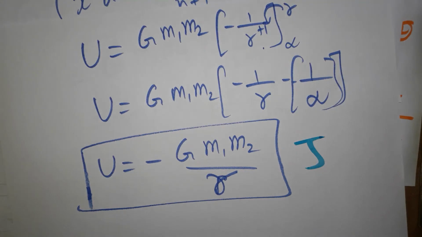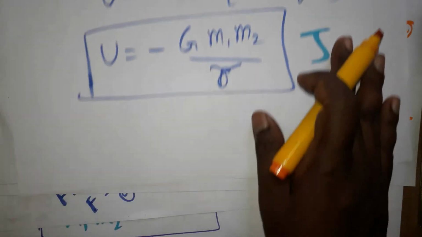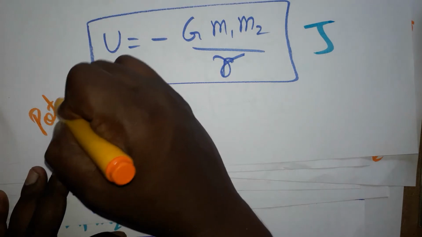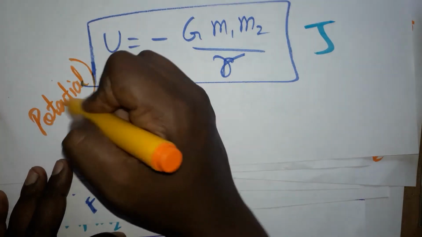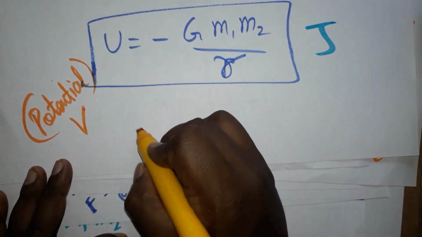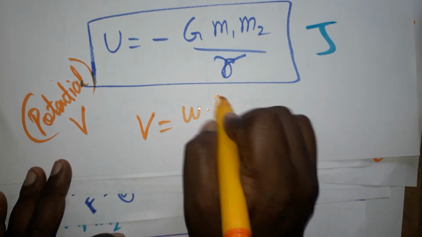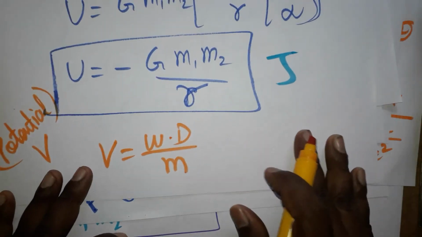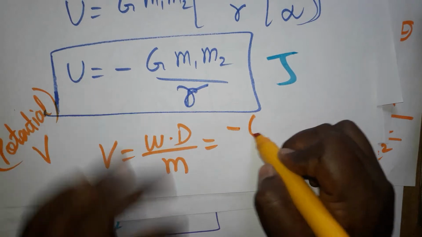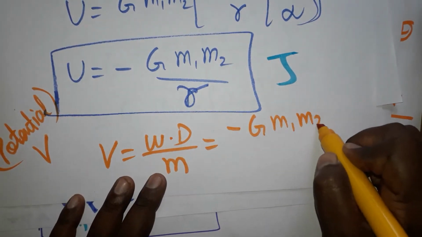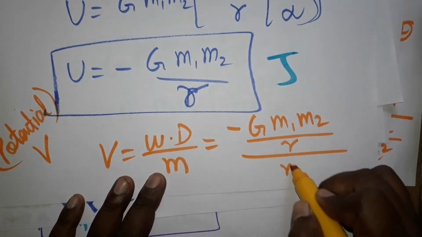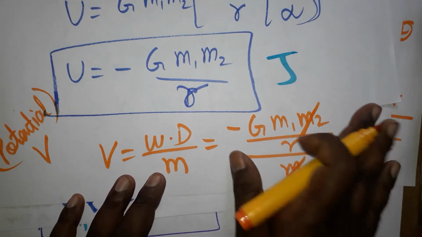Next, gravitational potential. The unit of potential is the volt. Potential is equal to work done by mass in a gravitational field. Work done is minus G m1 m2 divided by r, divided by m. It is a test mass only, so it gets cancelled.